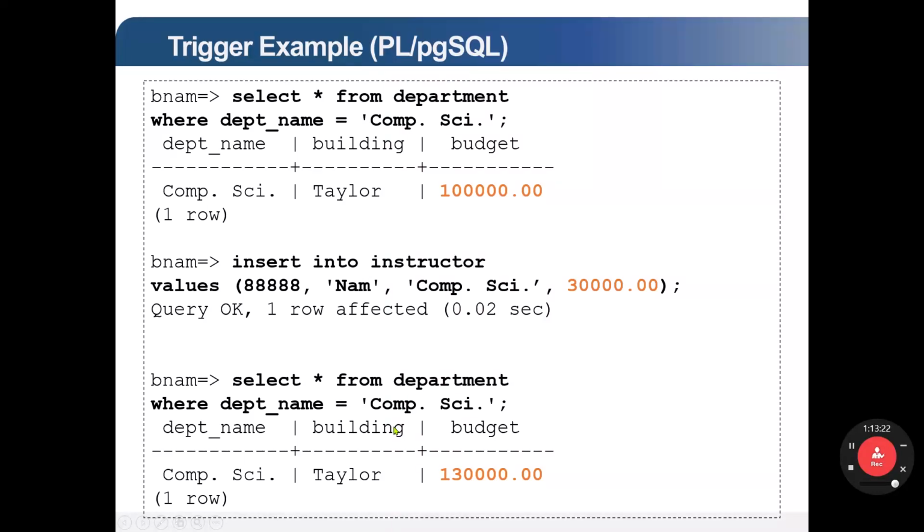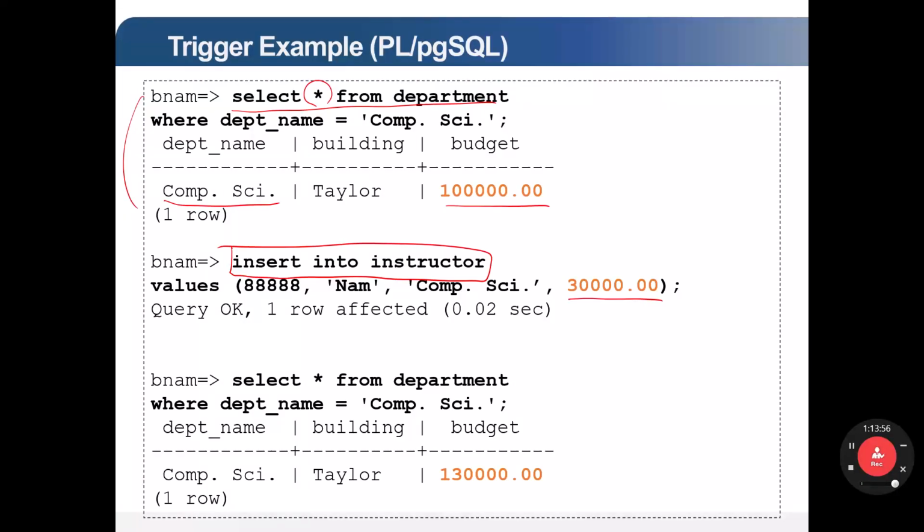So, what is this? This is an example of how a trigger is executed. We access this department table, and it says that the computer science department has $100,000 maybe as a budget, and then we insert a new instructor with salary 30,000.